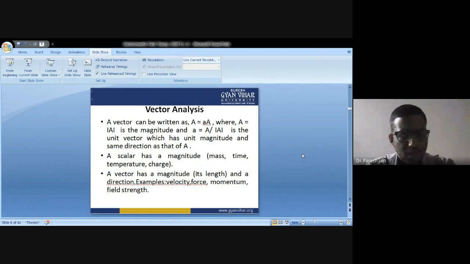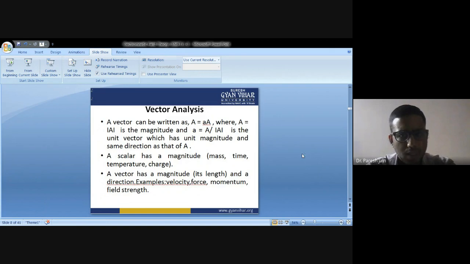Now we have vector analysis. A vector can be written as A equal to the magnitude of A times small a, where A is represented by the magnitude or mode of A, and small a is the unit vector.